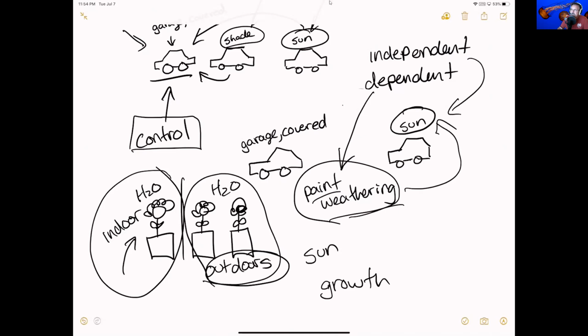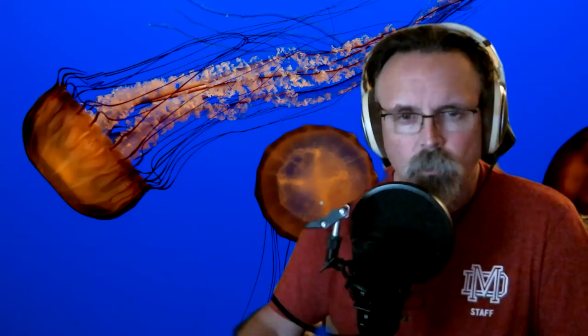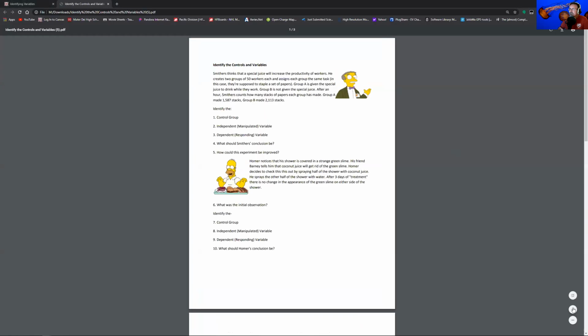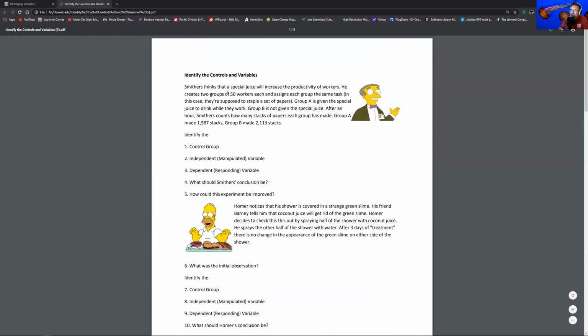So in today's worksheet, I'm going to bring that up for you. What you're going to do is look at some short paragraphs or short problems, and try to figure out what is what. So let's take a look here. On the worksheet, the first one says Smithers thinks that a special juice will increase the productivity of workers.